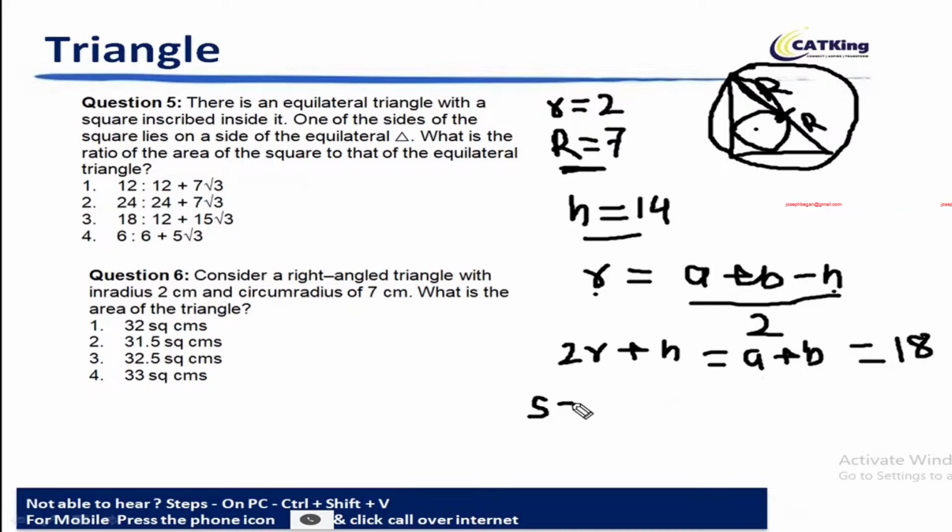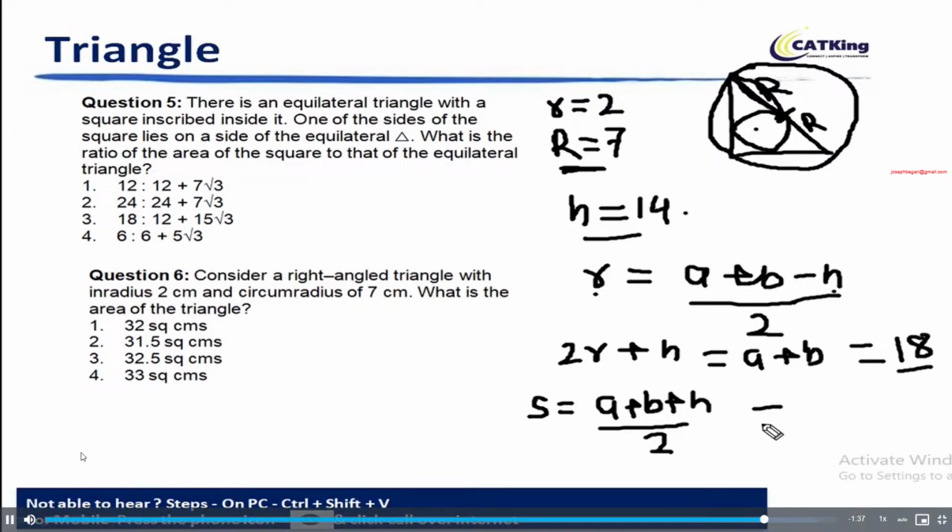Semi-perimeter will be a plus b plus h upon 2. So a plus b is 18, h is 14. So a plus b plus h is 32. 32 upon 2 is 16. Semi-perimeter comes out to be 16.